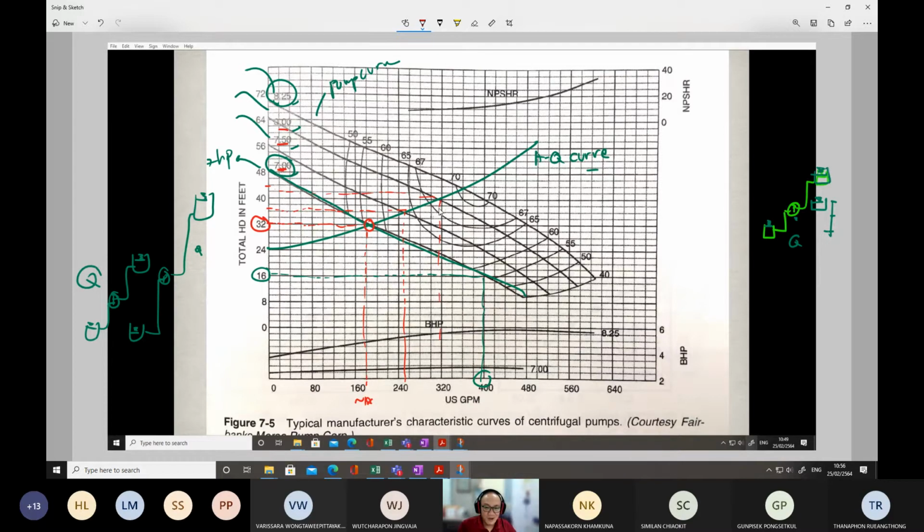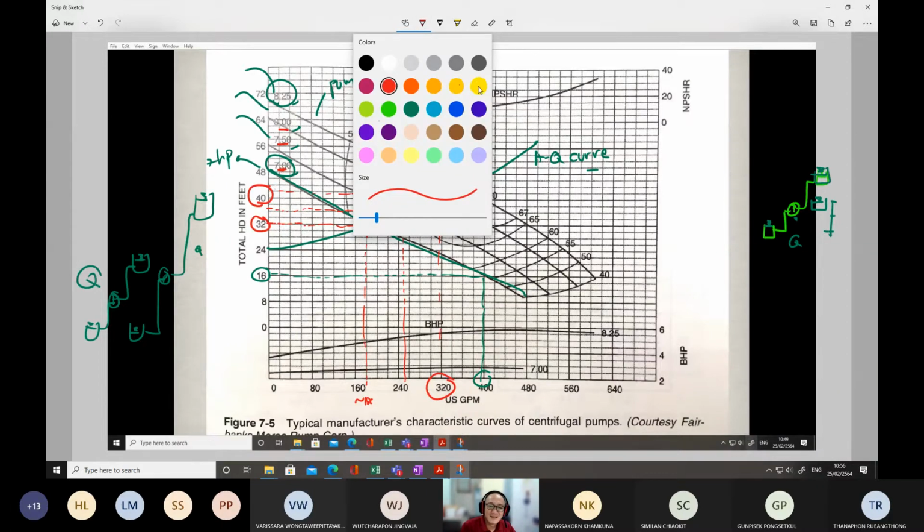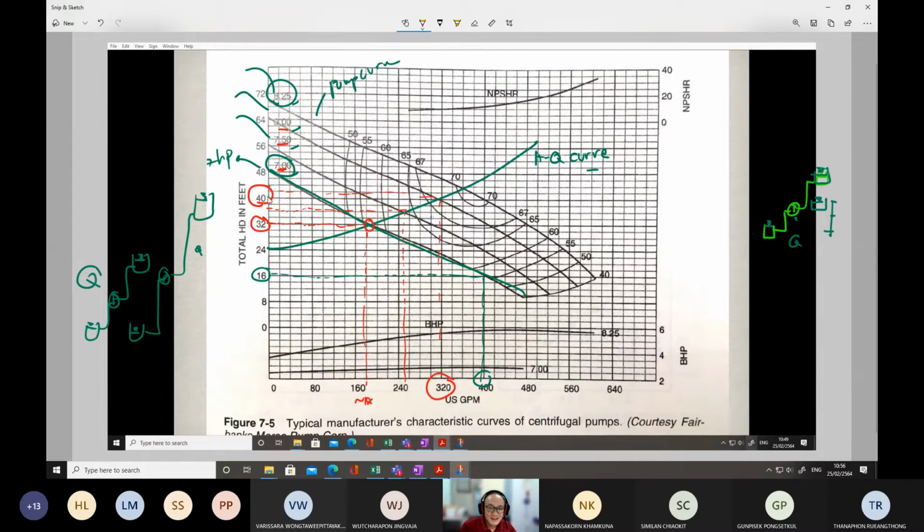So if we require 120, and the head is approximately 40, so this is 40. And our system's head curve is here. So this one is the 120.